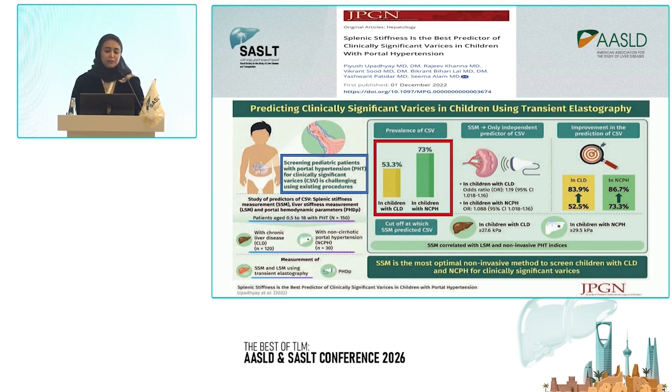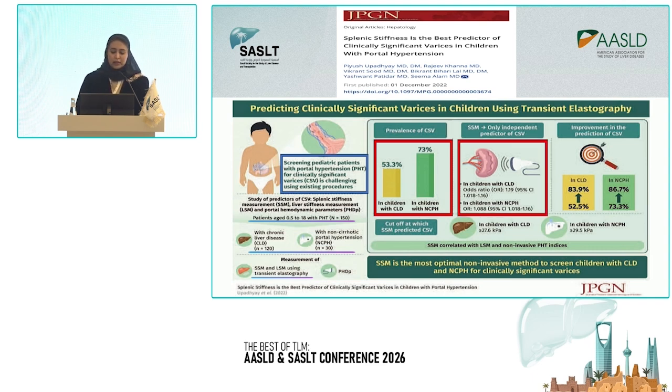As a prevalence before the study, 53% of the patients with chronic liver disease had varices, and 73% of the patients with non-cirrhotic portal hypertension had varices.